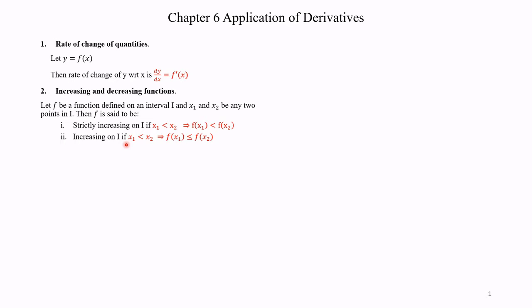Point number 2: f is increasing on I if x1 is less than x2 implies f of x1 is less than or equal to f of x2.